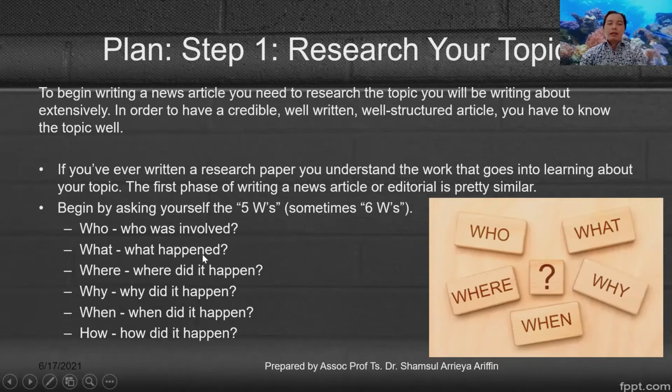Maybe you can comment on very slow progress in transferring and logistics of the vaccination. So you know what has happened. Where did it happen? Maybe it happened everywhere, right? It doesn't happen only in one area, it happened everywhere. So why did it happen? You also need to ask why this problem happened.